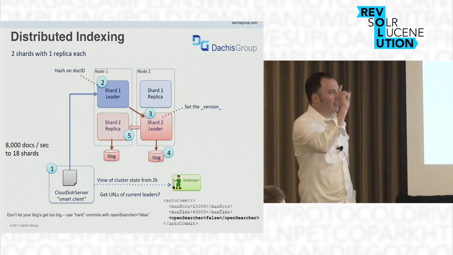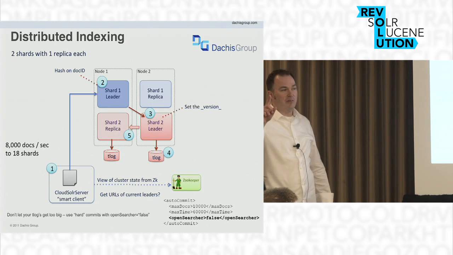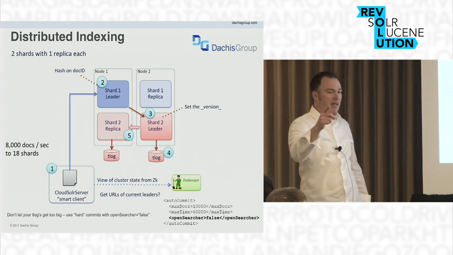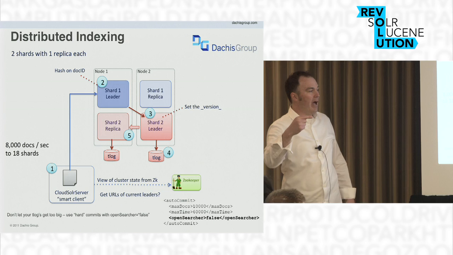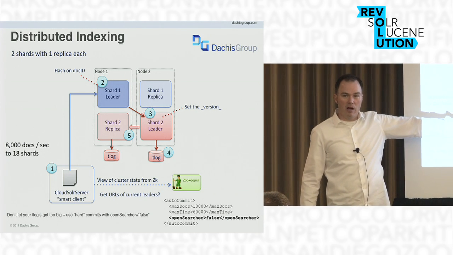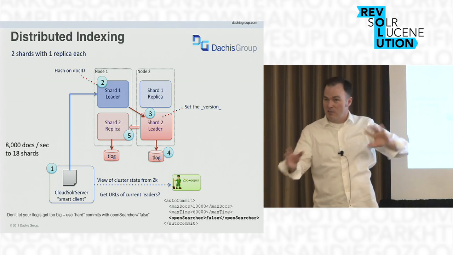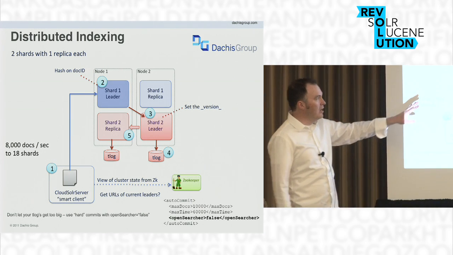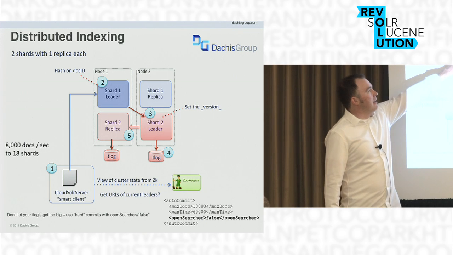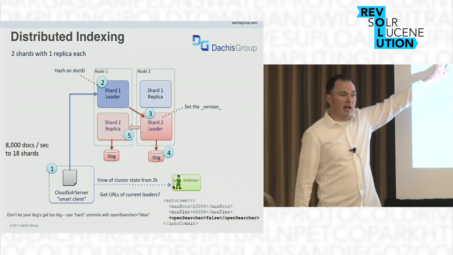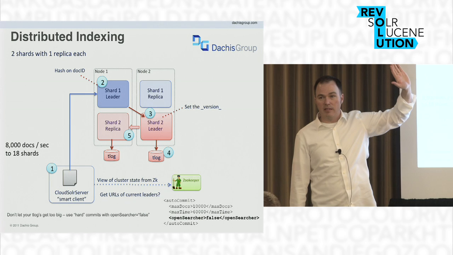But the kicker is that it doesn't send it to the right leader, not necessarily, right? So the plan down the road is to actually have it do the document routing here so it can go to the right leader right off the bat. But it doesn't do that right now, but it's in the works. So it sends to the leader, and this leader, first thing it has to do is hash the document ID.